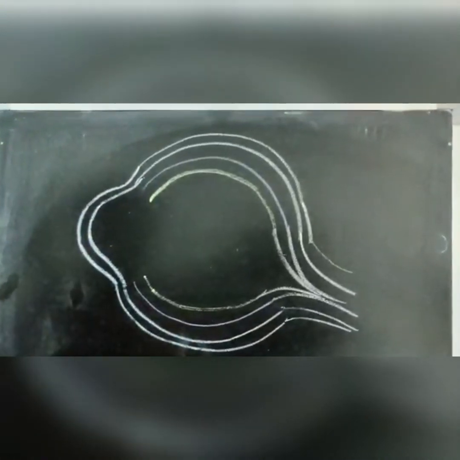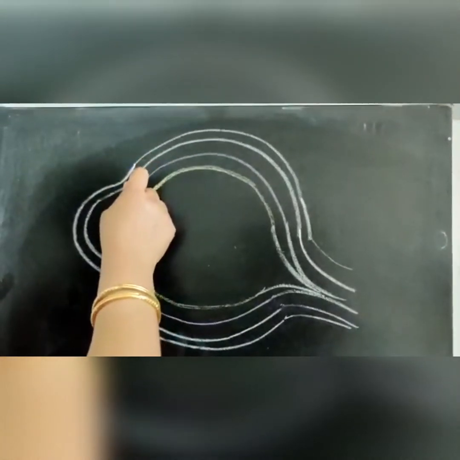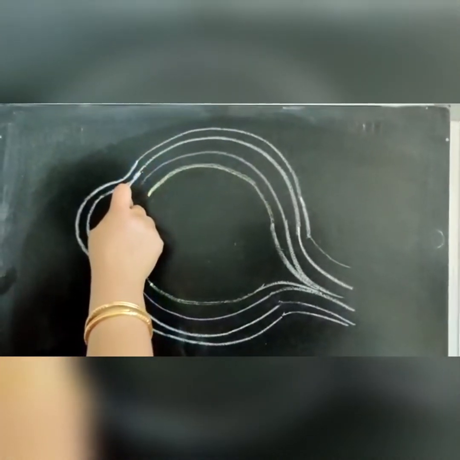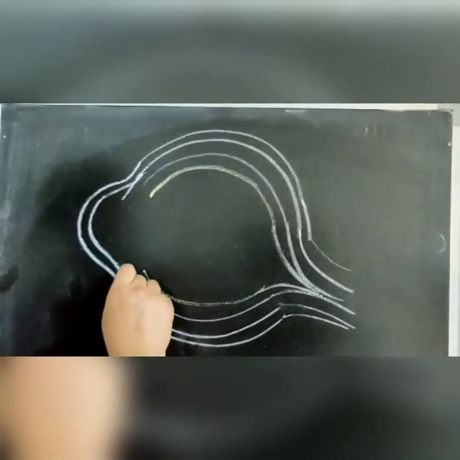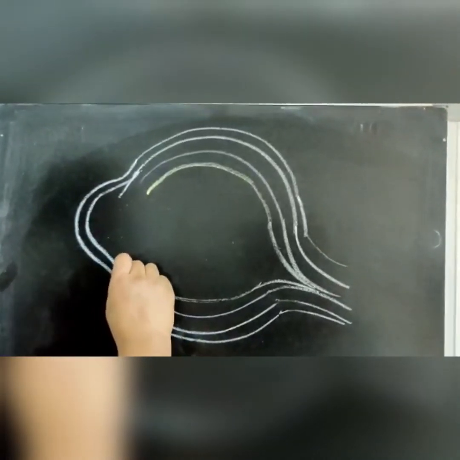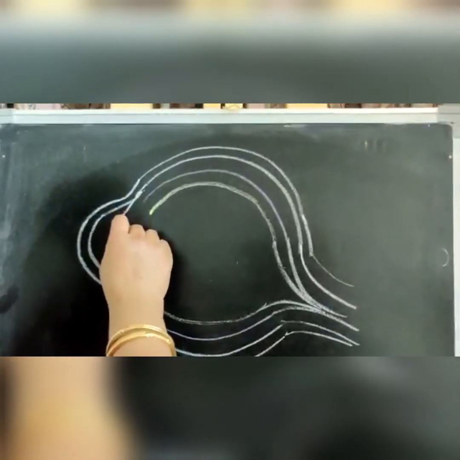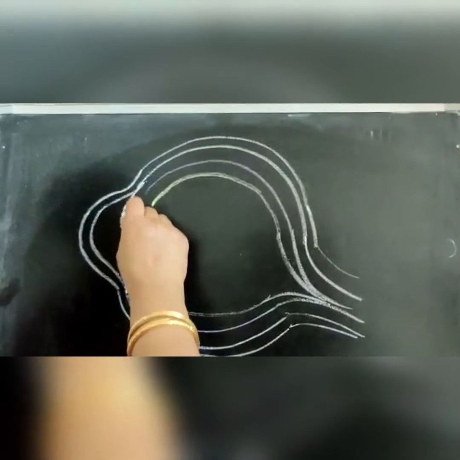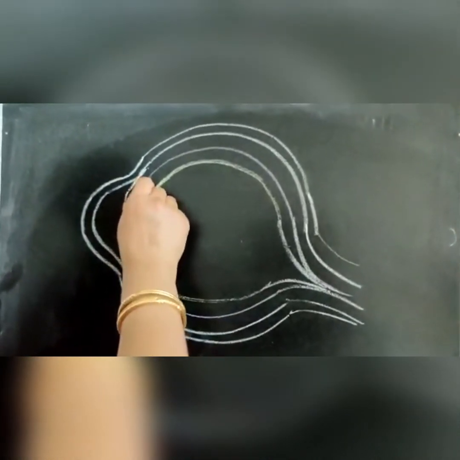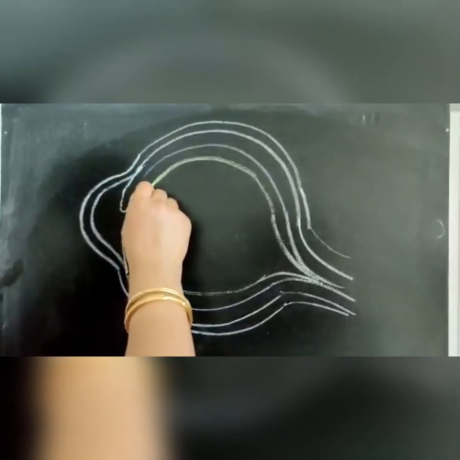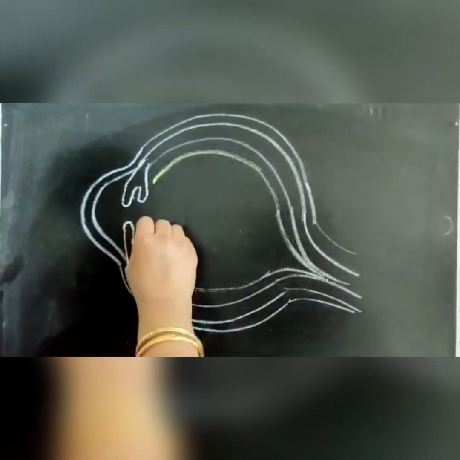To draw the iris and ciliary muscle, many students used to make so many mistakes, so try to see very carefully. Extend this second circle in front like this, then make one U and one U on this side, then a little bit smaller U like this and a smaller U like this.